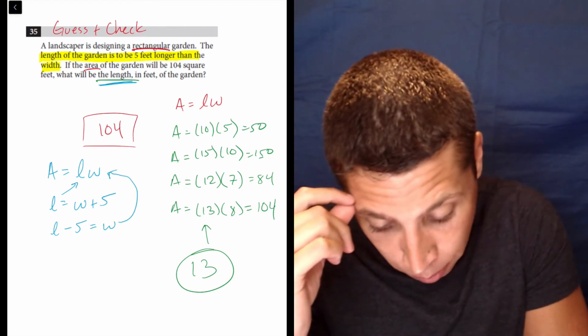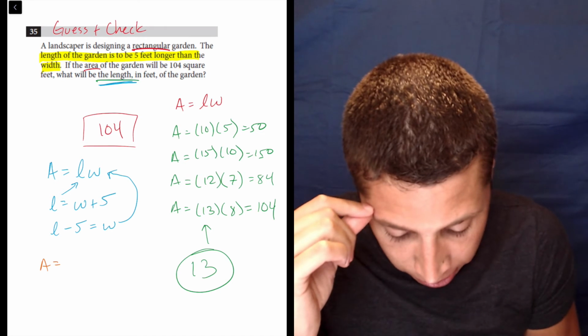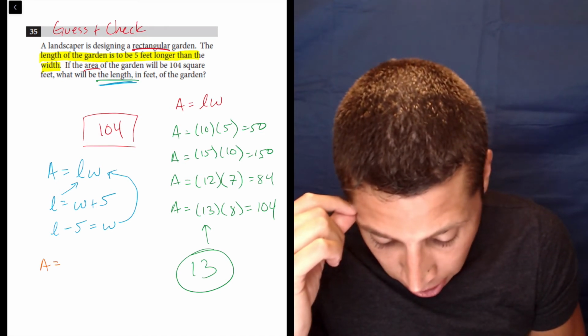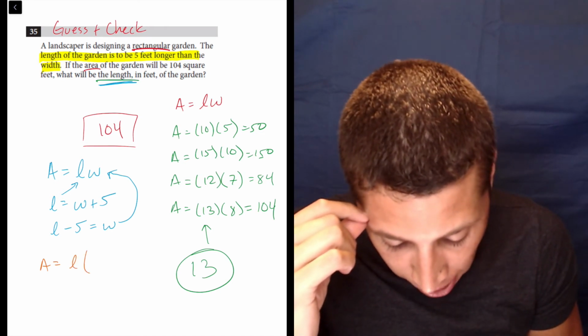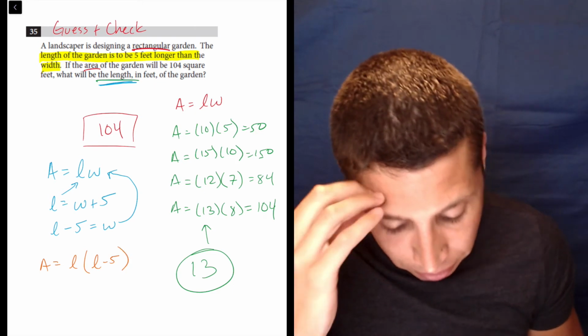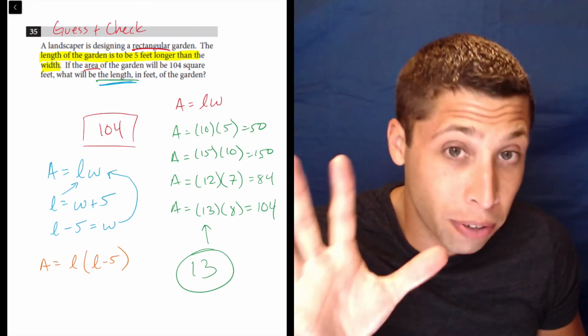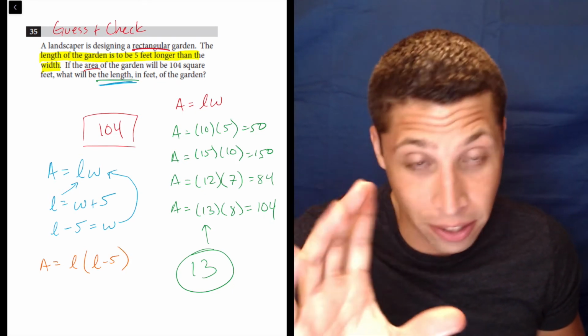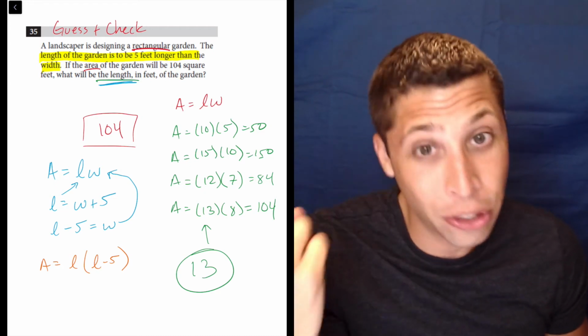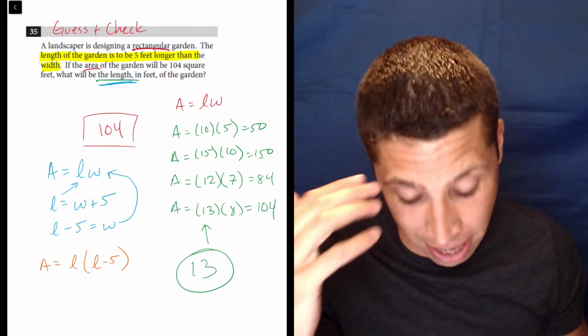So basically what I end up with is the area is equal to the length times the length minus 5. So when I solve for L, it's going to be my answer. If I did it the other way, I'd have to switch it. And so that might cause an error.